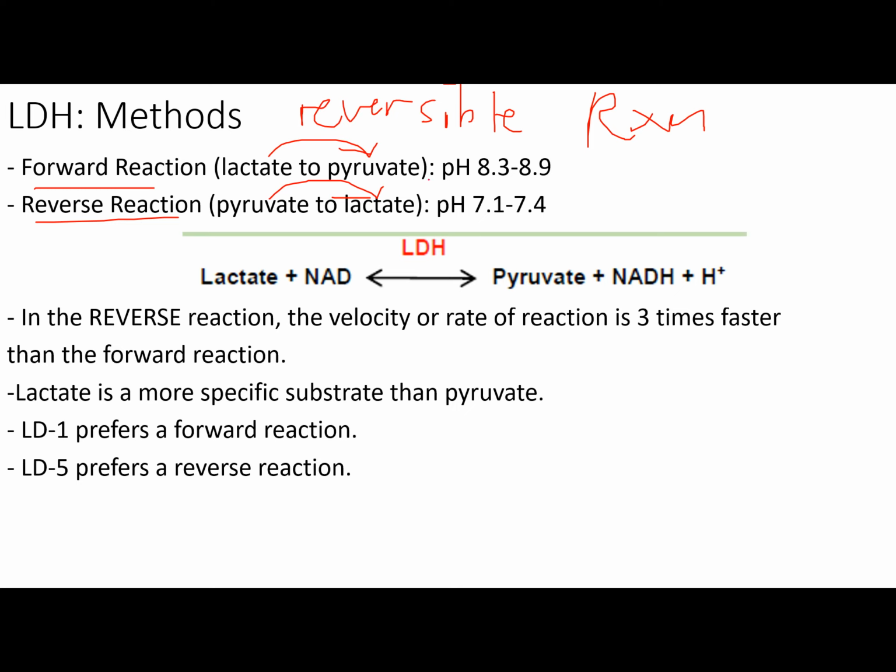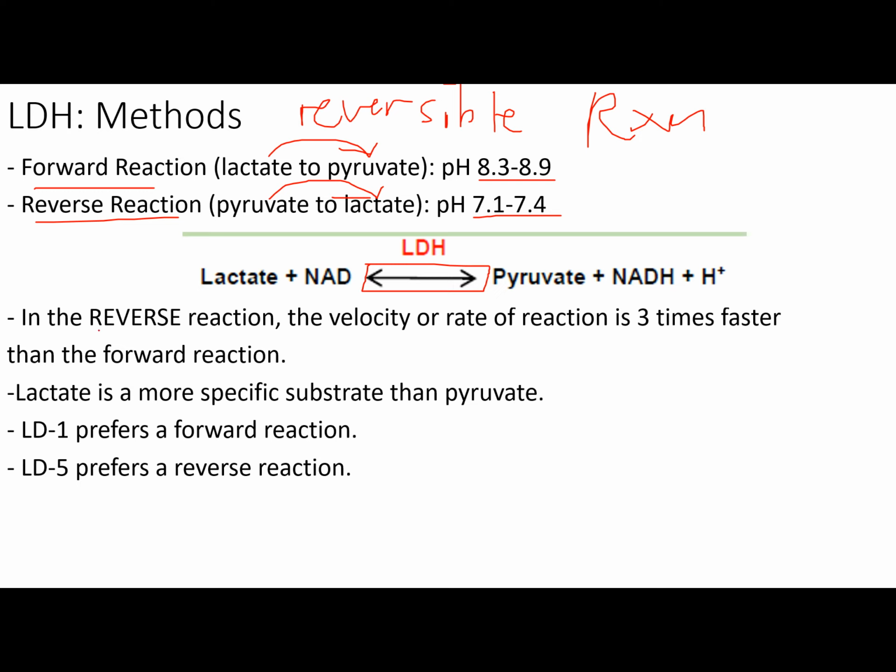Now, both reactions have different pH. Kapag forward reaction, the pH is 8.3 to 8.9. Kapag reverse reaction, 7.1 to 7.4. Kaya if you notice dito sa arrow, makikita nyo dalawang arrow because this is a reversible reaction. Pwedeng forward, pwedeng reverse. Baliktaran sila, class.